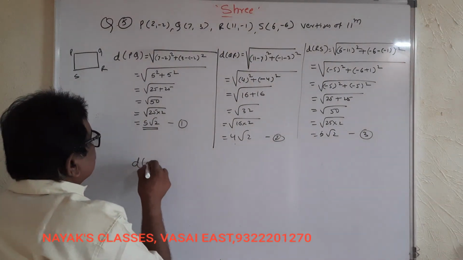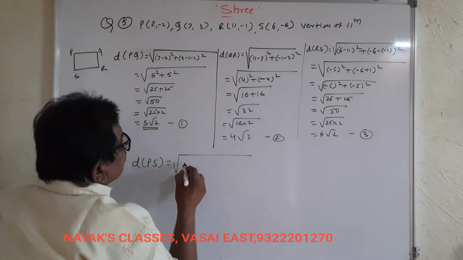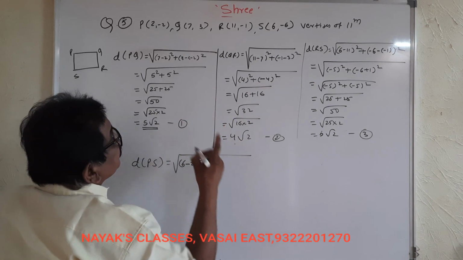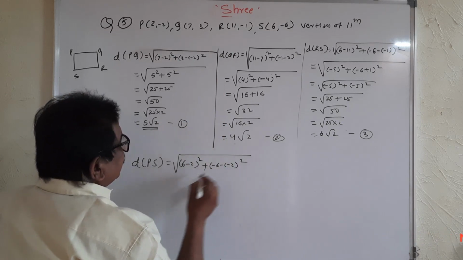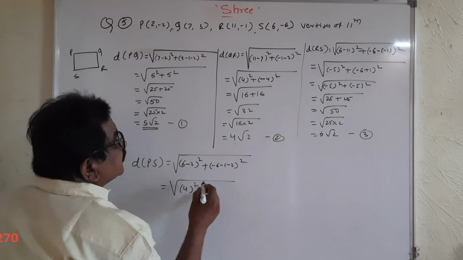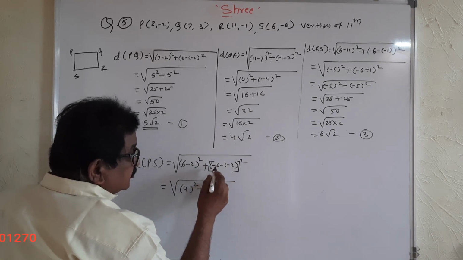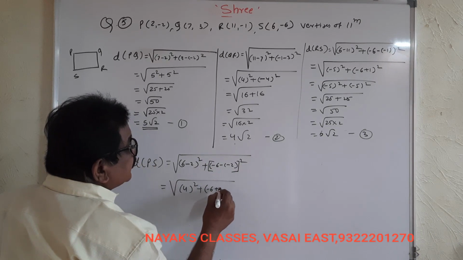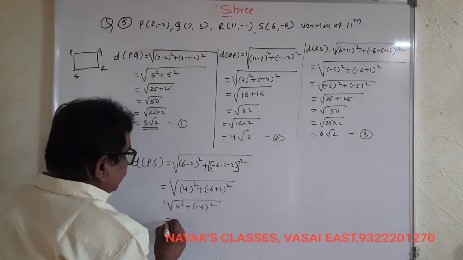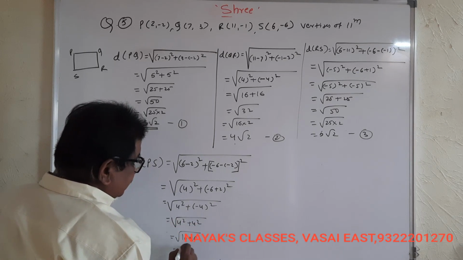Distance PS is equal to under root 6 minus 2 the whole square plus minus 6 minus 2 the whole square, which is 4 square plus minus 4 the whole square, which is 16 plus 16, which is again 32.